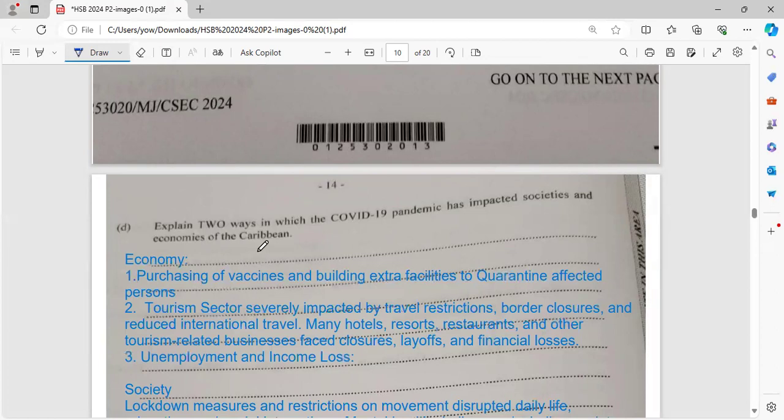It impairs the tourism sector because you have travel restrictions and border closings. Hotels, restaurants and businesses are forced to close if one person has COVID there. Therefore, it leads to employees being laid off. So that is also economic to the country and personal to the people.